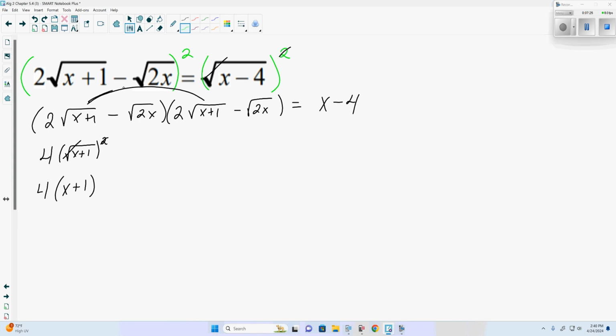Our next piece is going to be 2 times square root of x plus 1 times negative square root of 2x. Now this will be negative because we'll multiply the numbers in front, negative 1 and 2. Well, negative 1 times 2 is negative 2. Square root. Now since the radicals are the same, we can agree on them both being square roots, yes?